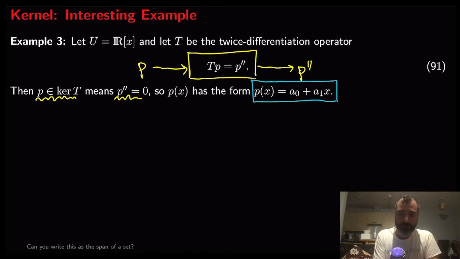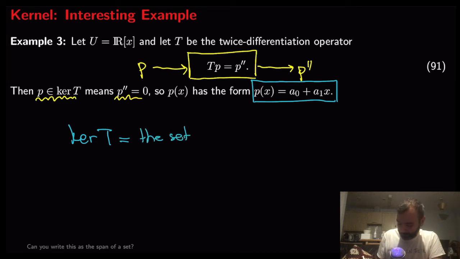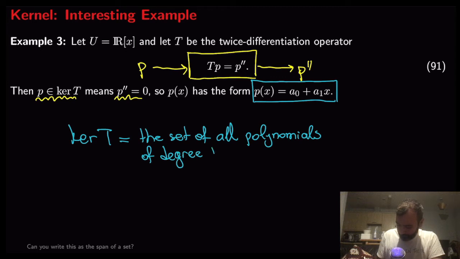polynomials. So what is the kernel of T? It is equal to, I don't want to write it mathematically, the set of all polynomials of degree 1, this set.